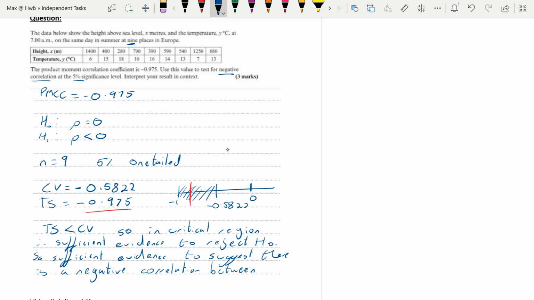I'm going to use the wordings here: height above sea level and temperature. Make sure you put what they're about, so what it's between. Don't just write there is a negative correlation. Like, what does that mean? You have to say what it's between. So height above sea level and temperature.